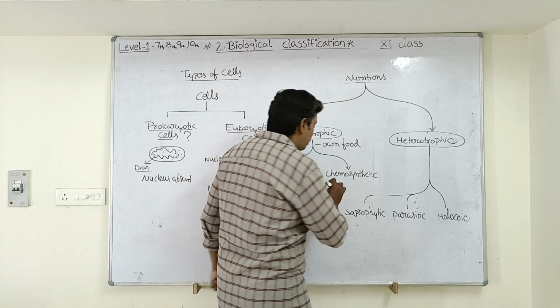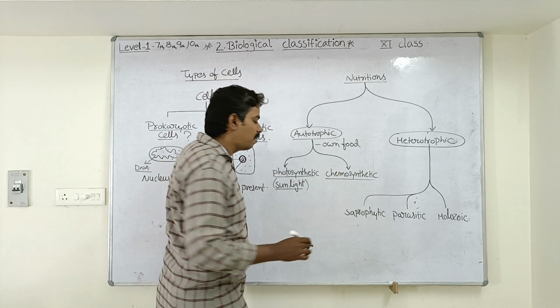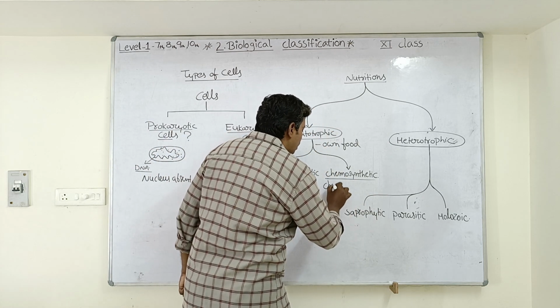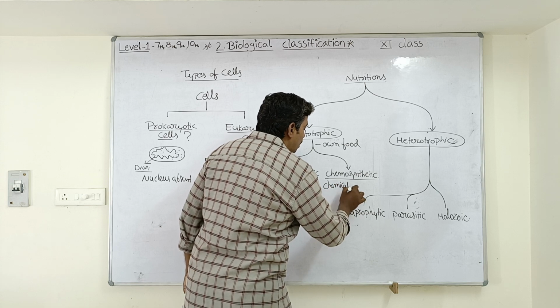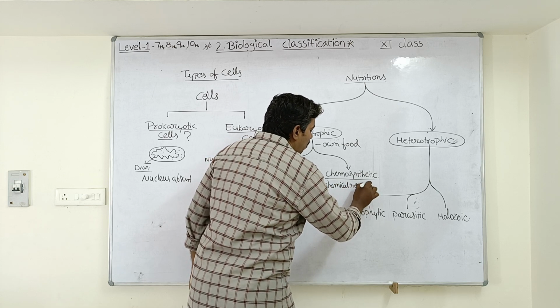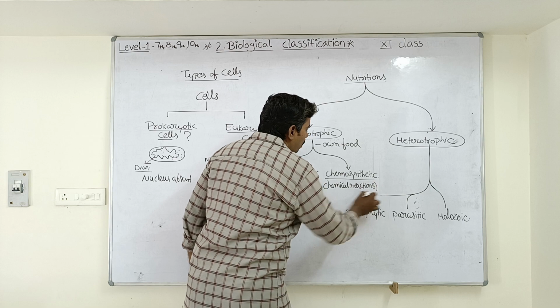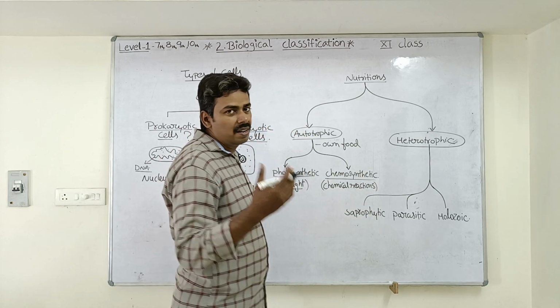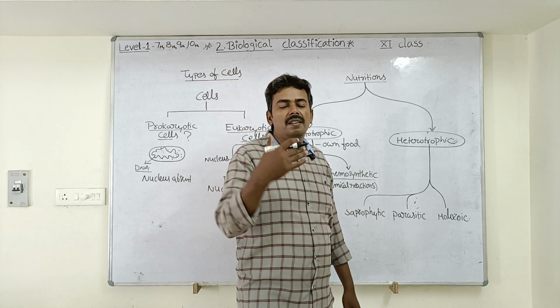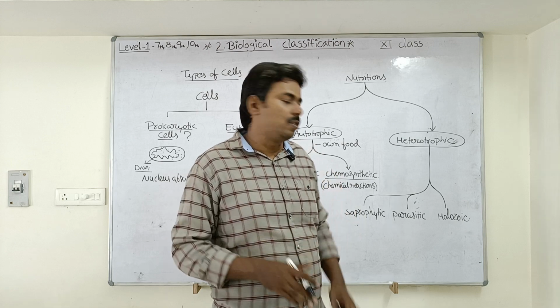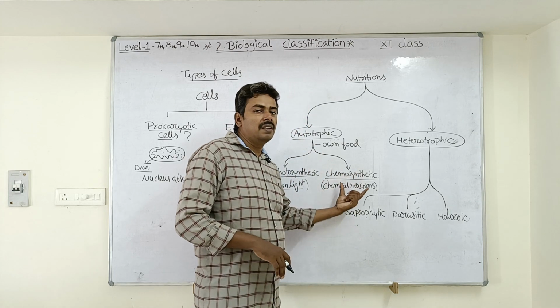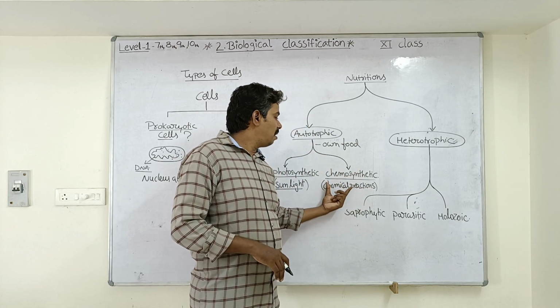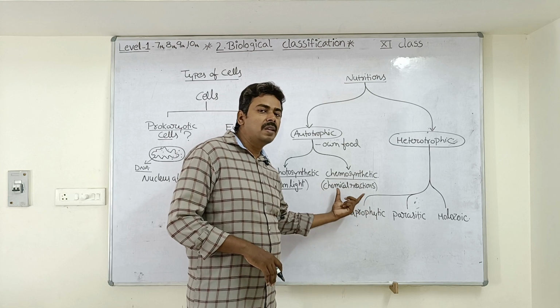But in chemosynthetic nutrition, it is not sunlight, but a chemical reaction. Energy is obtained during chemical reactions. When some chemical reaction takes place inside the body, then automatically energy is produced. By using that energy, food material will be produced. That is called chemosynthetic nutrition, which is seen mainly in some bacteria.